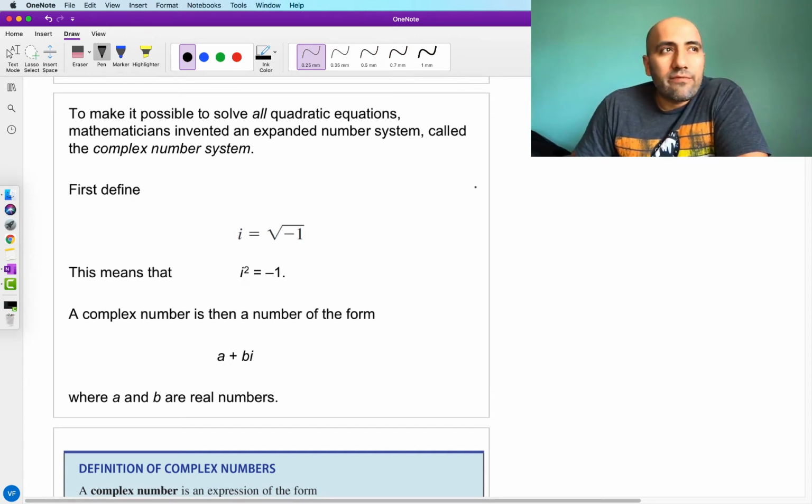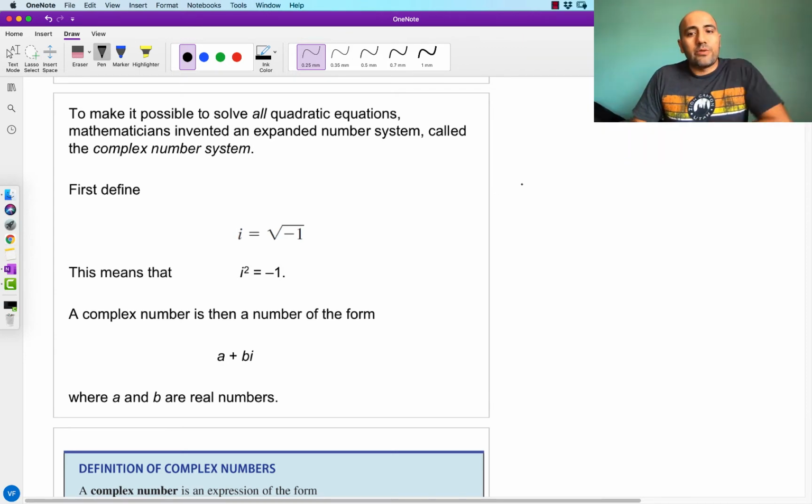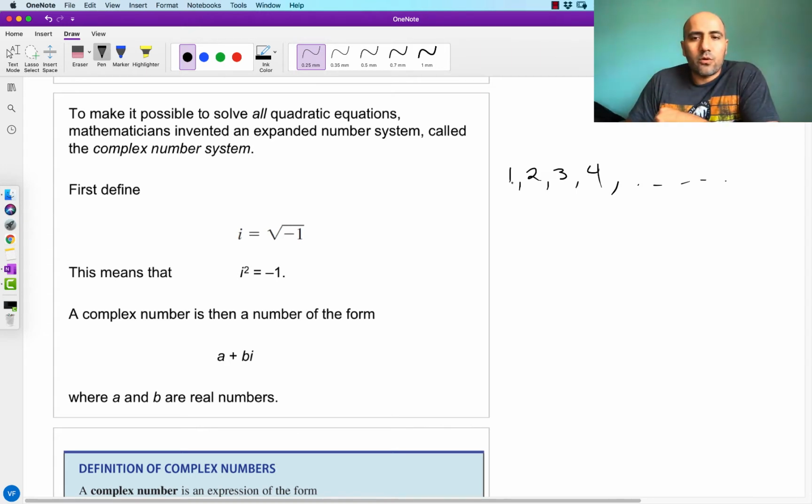I know that when we first start, there's a very concrete connection to the real world when we're doing numbers, right? We start counting 1, 2, 3, 4, dot, dot, dot. And we can really see that as a connection to the real world. There's 1 apple, 2 bananas, 3 coconuts.